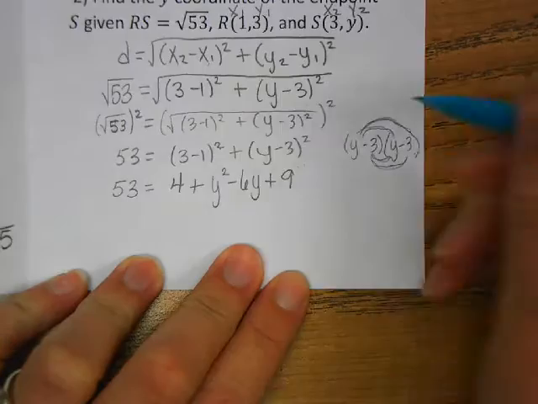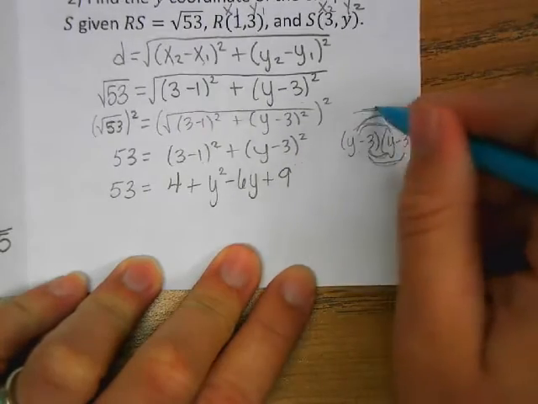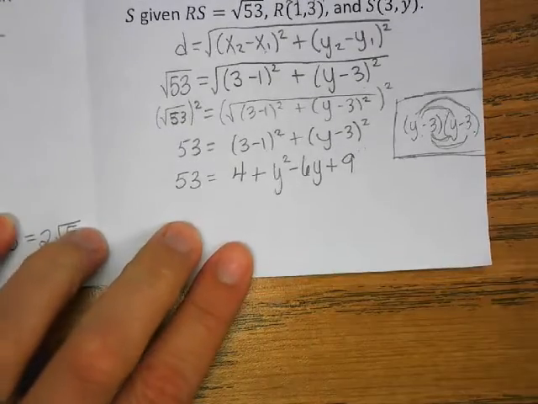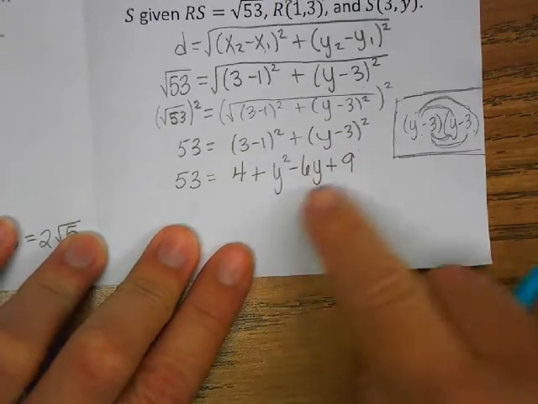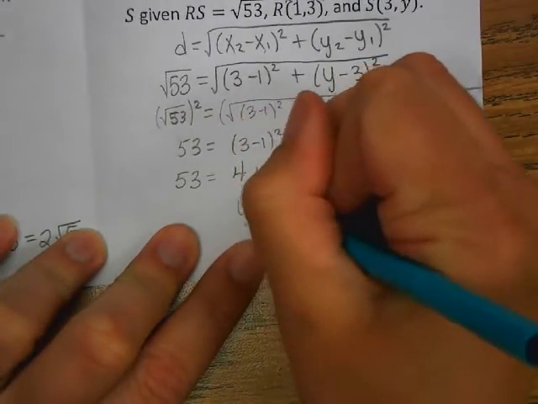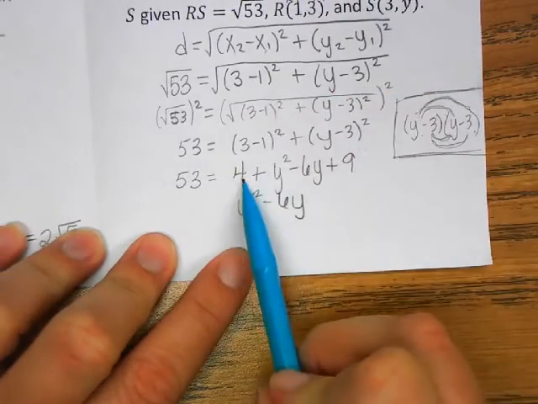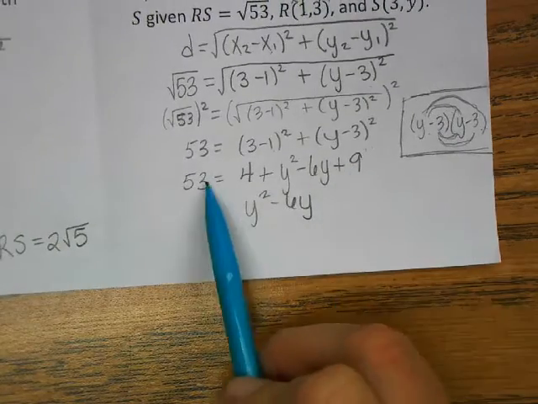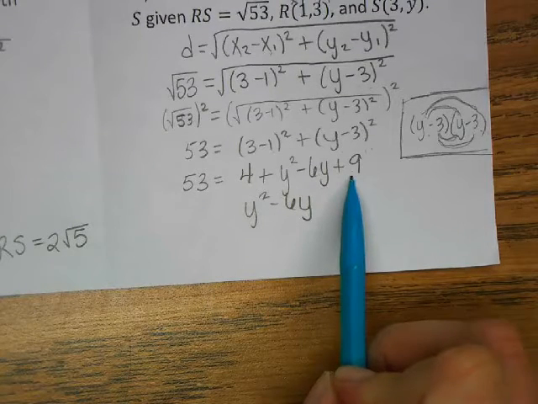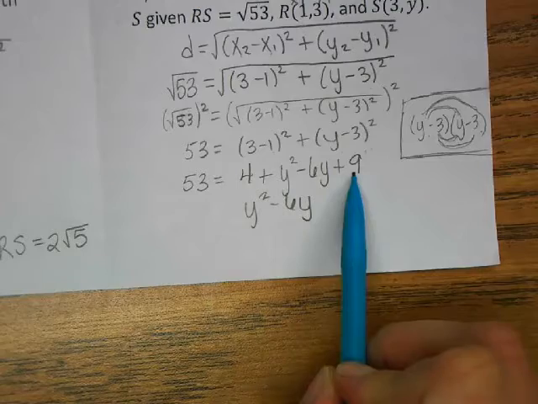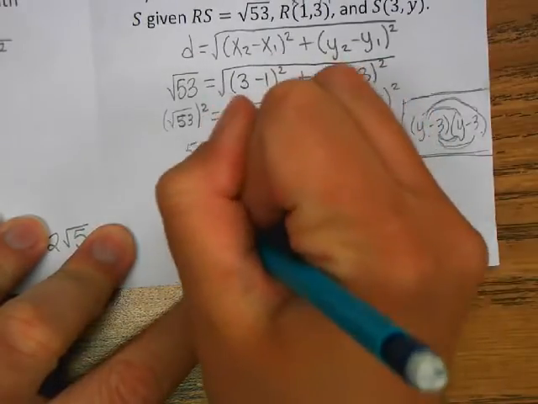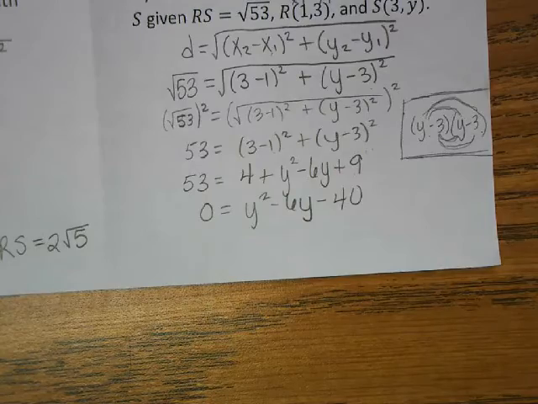So you have to make sure you FOIL. This is just a little algebra reminder. Okay, now just combine everything. You're going to have to put this into standard form. So 4 plus 9 is 13. And then if you subtract 53, bring that over to the other side, you'll have 13 minus 53, which is just negative 40. So you're just putting that in standard form.